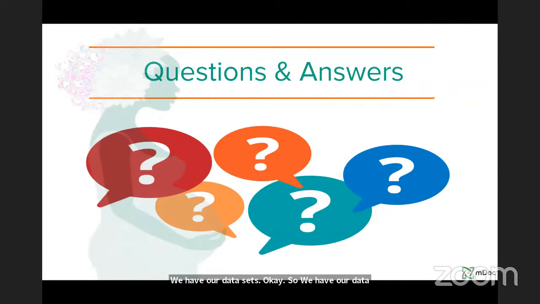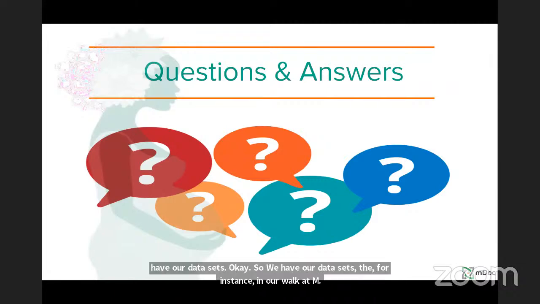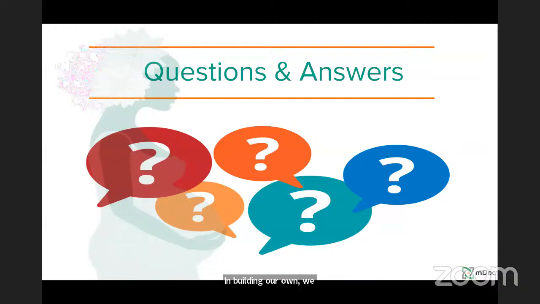For instance, in our work at mDoc, in building our own model, in creating our own chatbot, we have utilized our own data set. The same applies everywhere in Nigeria. There's data. So first things first, as we have seen, data is very integral to whatever we do in AI, so we need to collect and utilize these data sets.